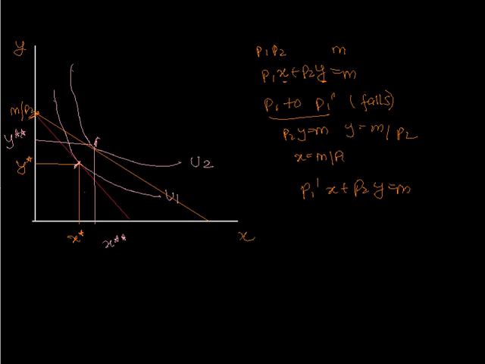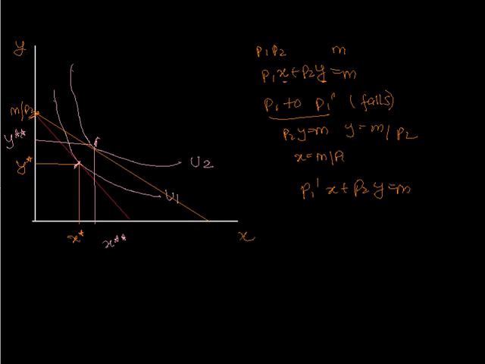Suppose there has been only a change in the slope of the budget constraint, and you have to remain at the old indifference curve, u1, but there has been a change in your prices or the price ratio.